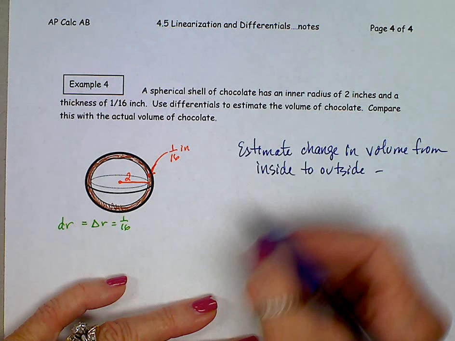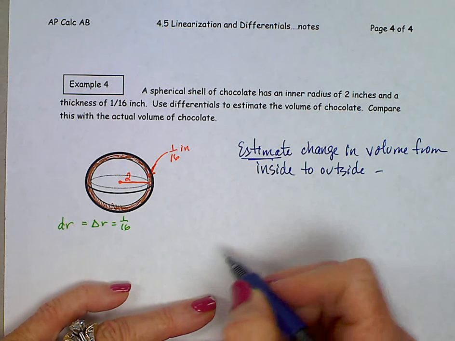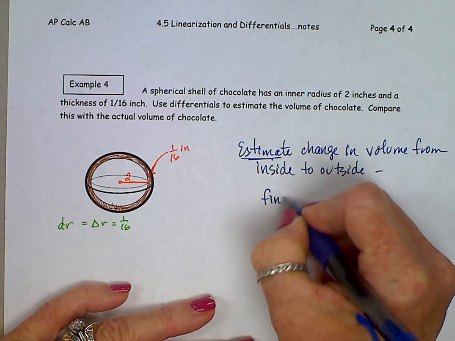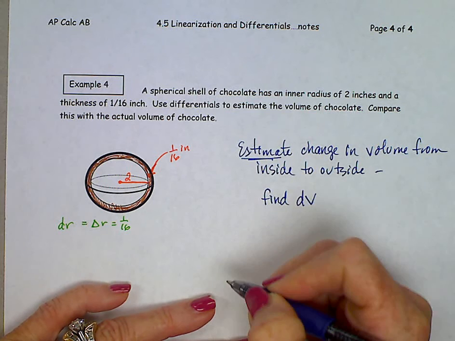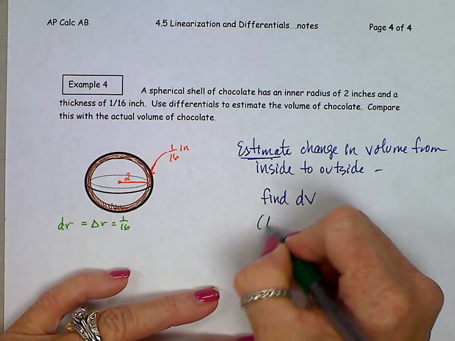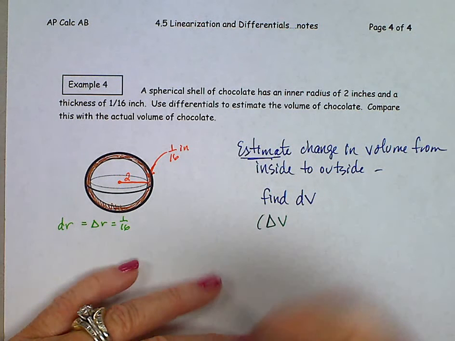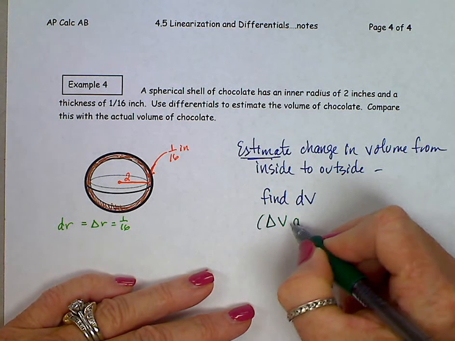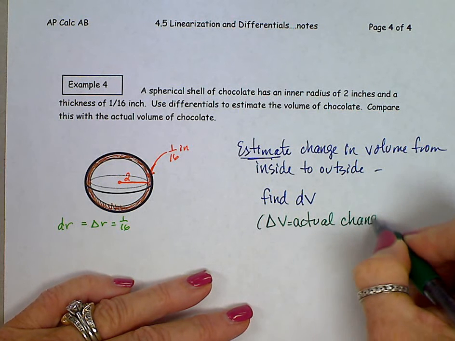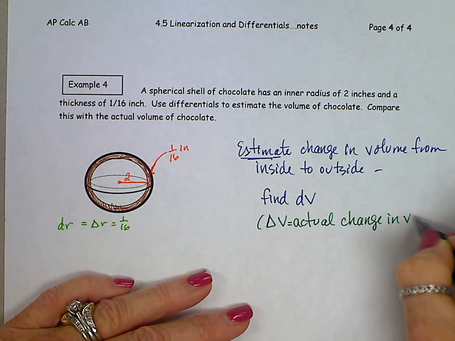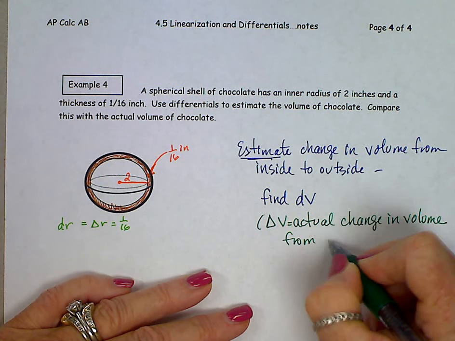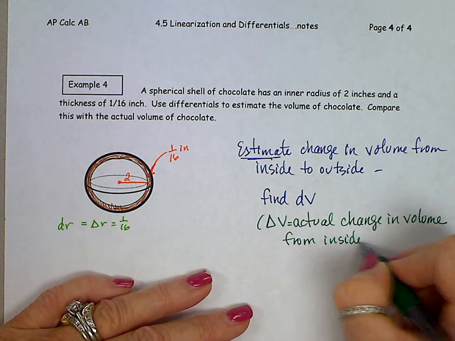And since we're estimating, we don't want you to find the actual volume, we want you to find dV. Delta V is the actual change in volume from the inside to the outside.